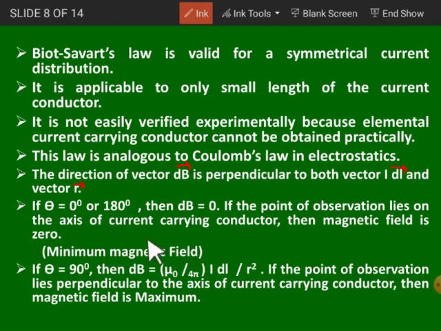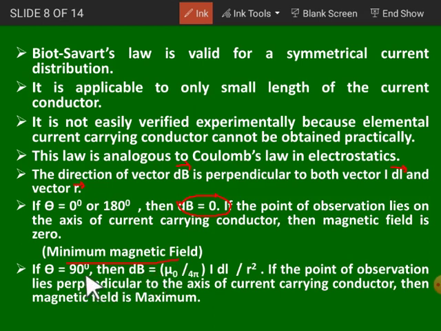In that case, sine theta or sine 180 degree is equal to 0, so your magnetic field will also be equal to 0. There is no magnetic field produced when the point of observation is along the axis of the current carrying conductor, and this is the case for minimum magnetic field, depending upon the point of observation.